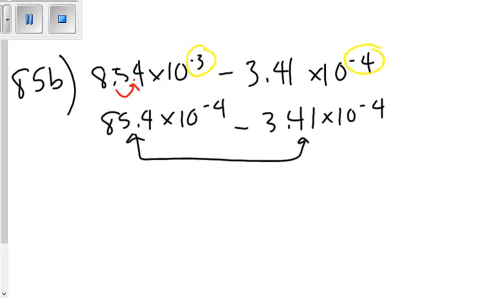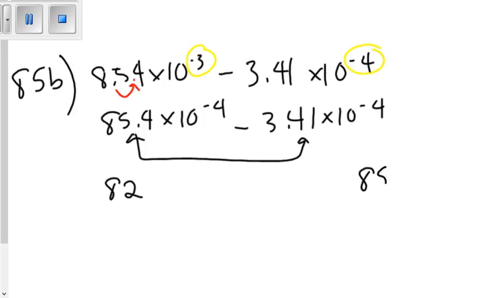3.41 from 85.4, and I would get 82. Sorry, I'm looking at the numbers here.